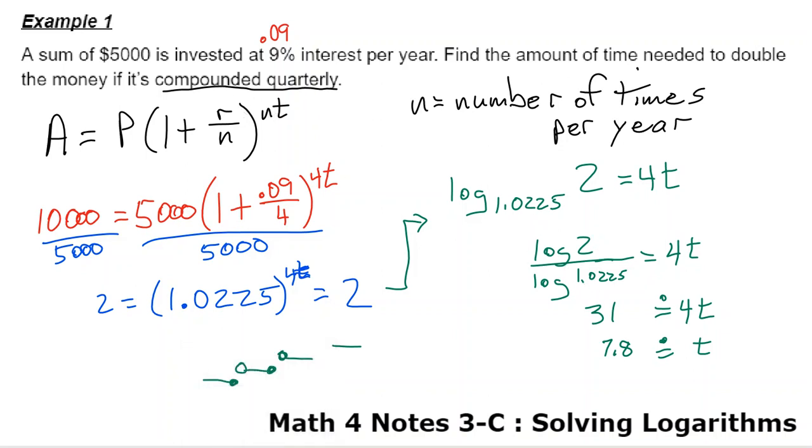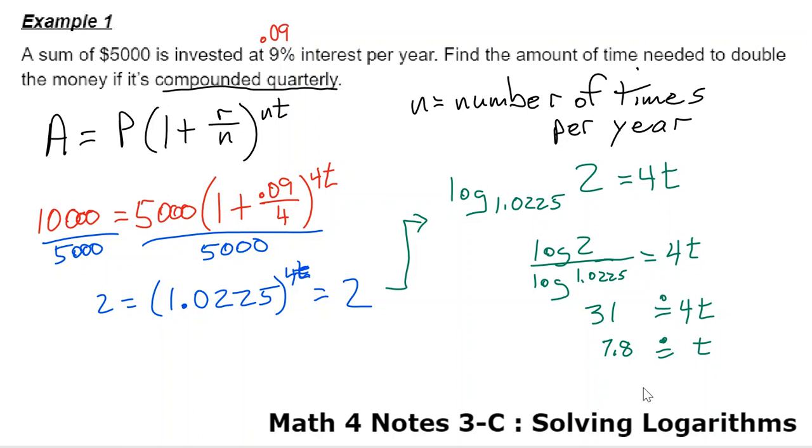And so you really haven't gained any money during the entire quarter until you reach the end of the quarter. So if I say 7.75, that's a year and 3 quarters. That's a year and 9 months. But this said like 7.78 something, which means it's gone past that. It's going to require more than just the 7 years and 9 months.